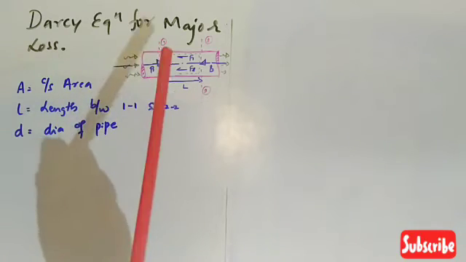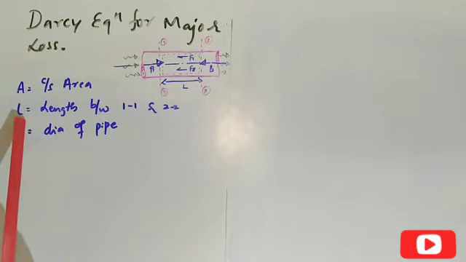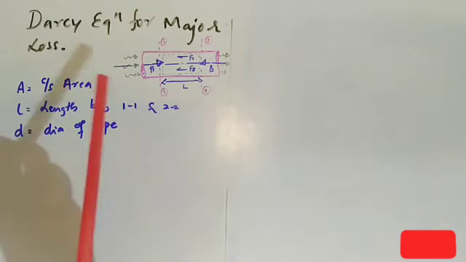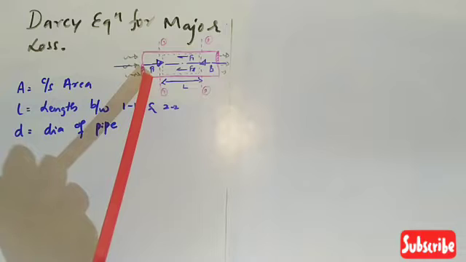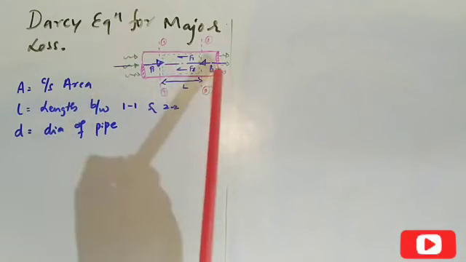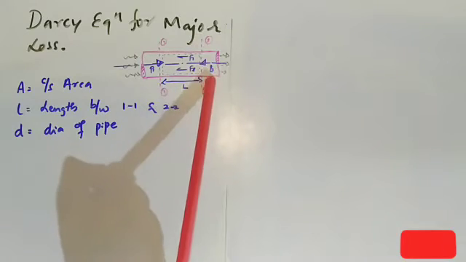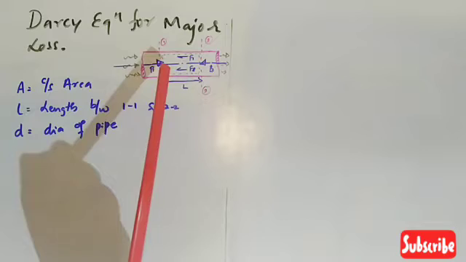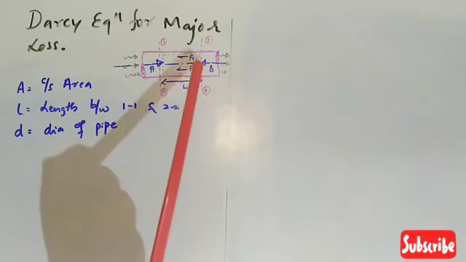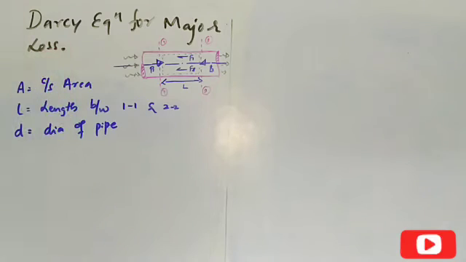Let us consider two sections, 1-1 and 2-2, separated by a distance L. P1 is the pressure intensity acting at section 1-1, whereas P2 is the pressure intensity acting at section 2-2, and F is the frictional resistance at the surface of the pipe.